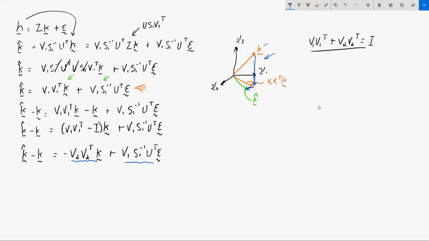So I have an equation for the error in the parameters that I've just estimated. Unfortunately, I can't calculate parameter error because I don't know k, the real-world set of parameters, and I don't know epsilon, the realization of noise associated with my calibration data set. But I can calculate my propensity for parameter error. To do that, I use a relationship that we've used a couple of times in these videos.